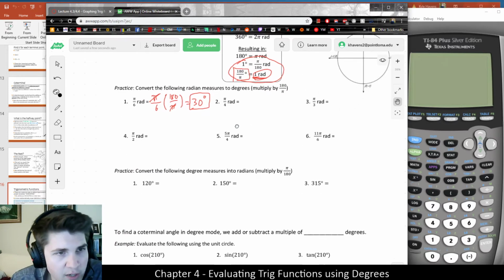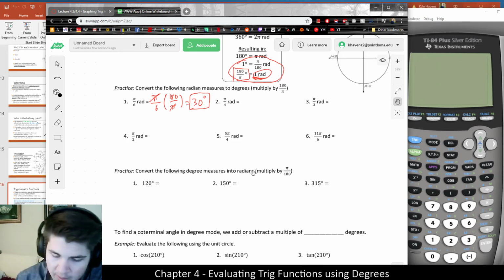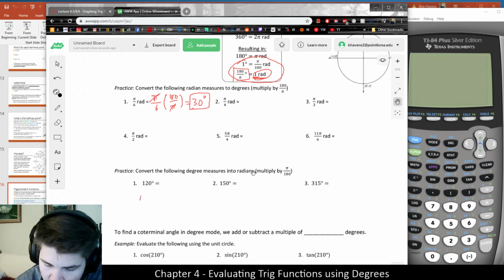But we could always figure it out by multiplying by the reverse principle and performing dimensional analysis. If I take the degree measurement and multiply by pi over 180, that will revert it back to radians. Then what I would get is 120 pi over 180. Sorry, it will not let me write for some reason. Let me move that.